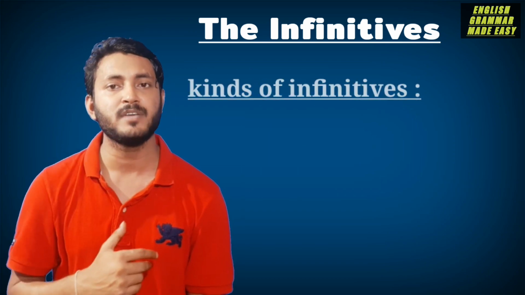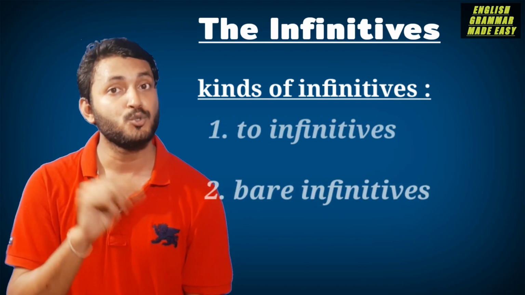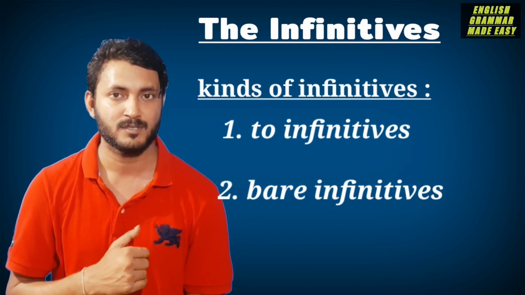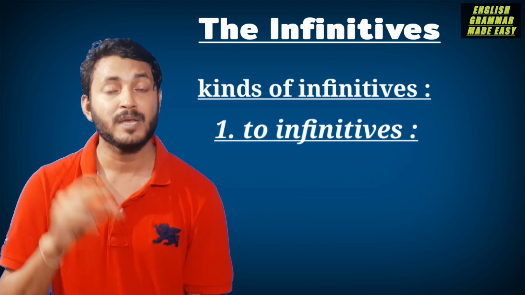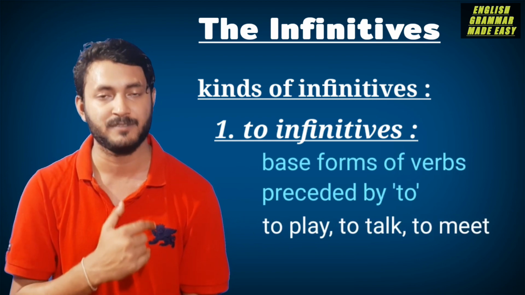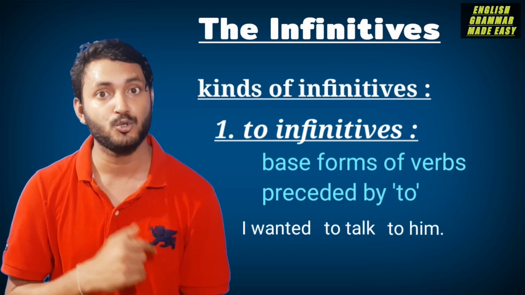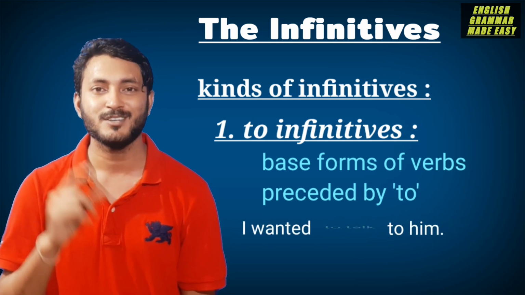There are two kinds of infinitives in English language. These two kinds are to infinitives and bare infinitives. What are to infinitives? When base forms of verbs are preceded by 'to', they are called to infinitives. If I give you a sentence like, I wanted to talk to him, our infinitive is to talk.